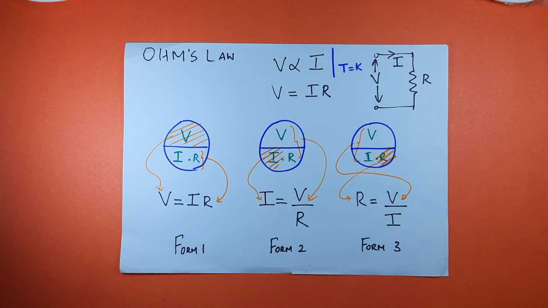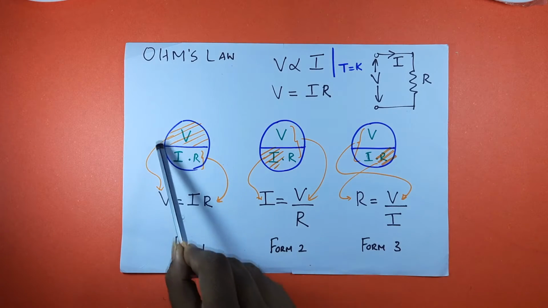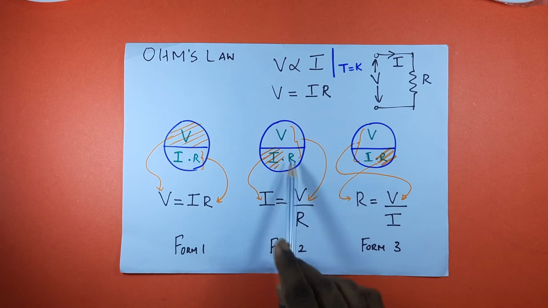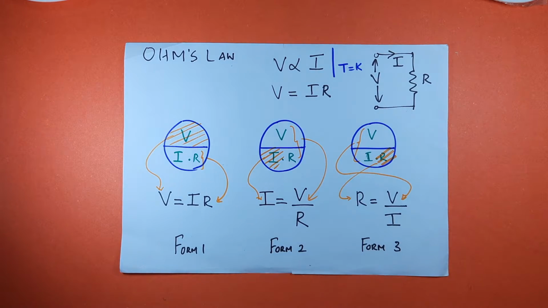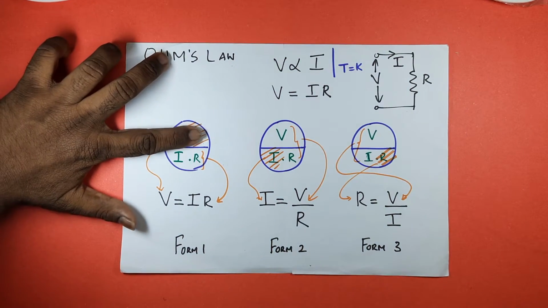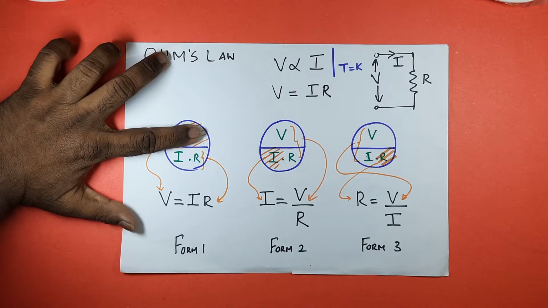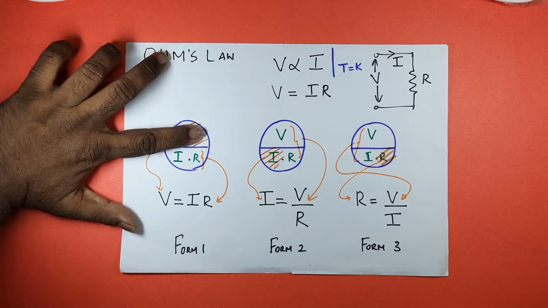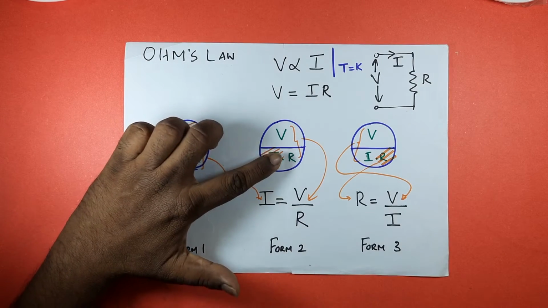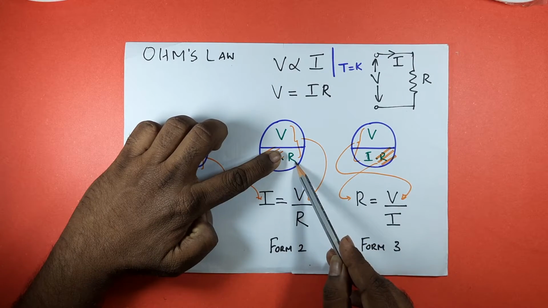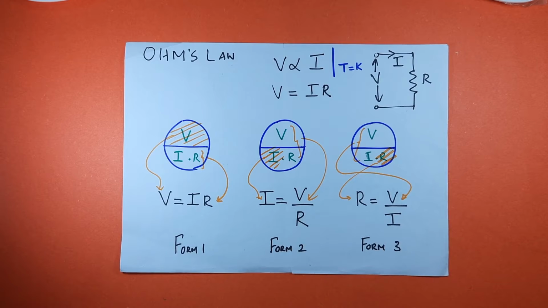Okay, say I have a V circle and I have V, I into R. So form 1, I just close this. So that means V equal to I into R, the bottom one. So this is first form, V equal to I into R. Suppose here I close this I, so I have V by R. So I equal to V by R. This is your second form.